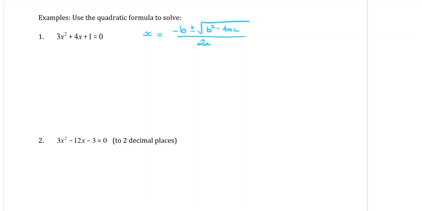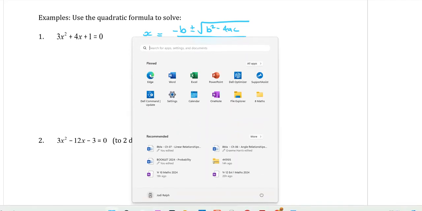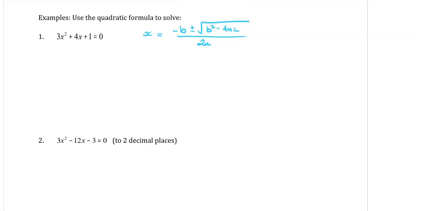Okay, then the numbers that I need to sub into that formula come from over this original question. Okay, so the a is whatever's in front of the x squared, the b is what's in front of the x, and the c is the number on the end.